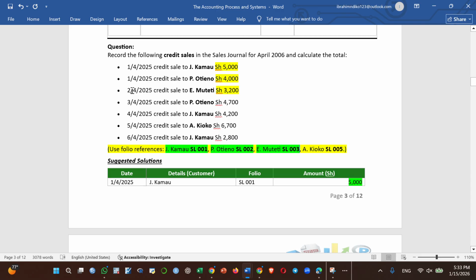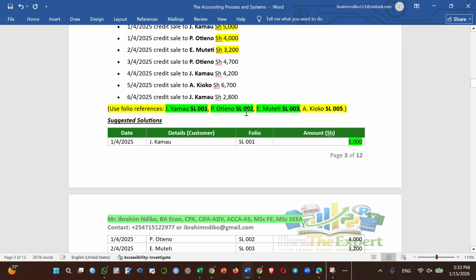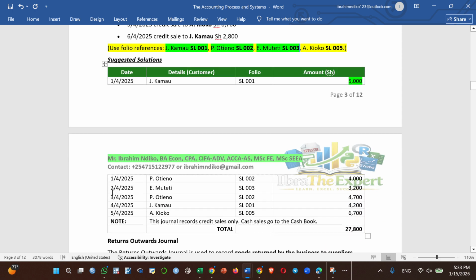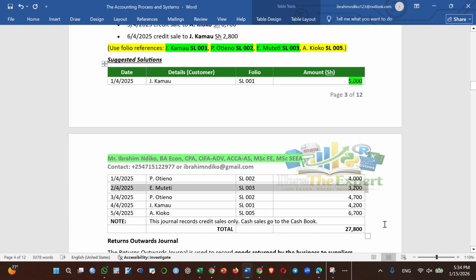On 2nd of April 2025, there was a credit sale to Muteti of 3,200. So let's confirm date 2. We have it here. Can you see it there? On date 2, the sale was made to Muteti. The folio number, we said, was SL003. The amount was 3,200, as you can see there.